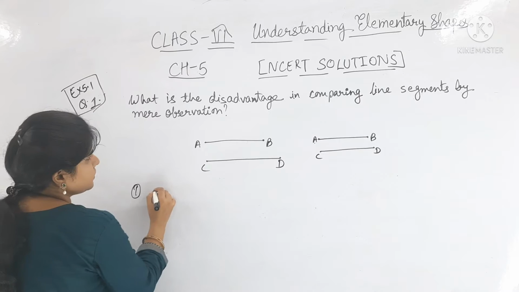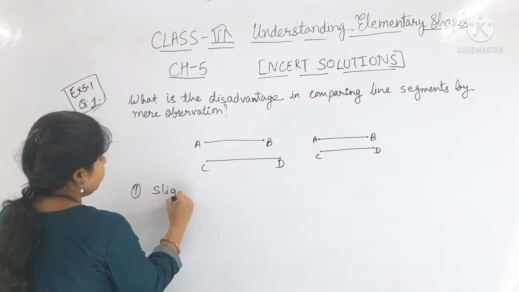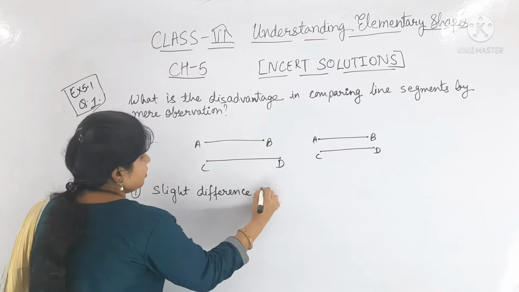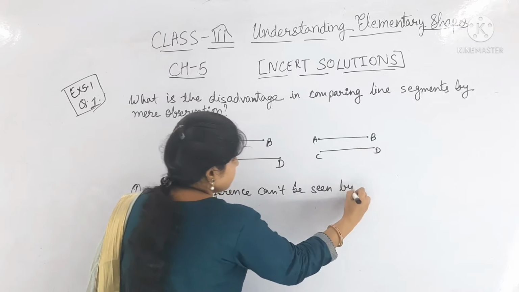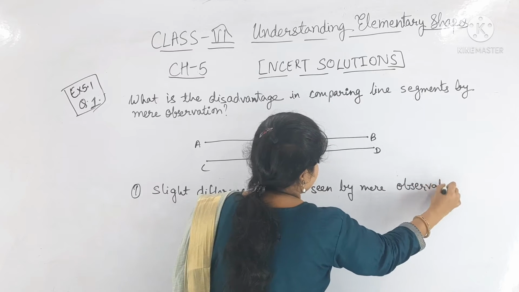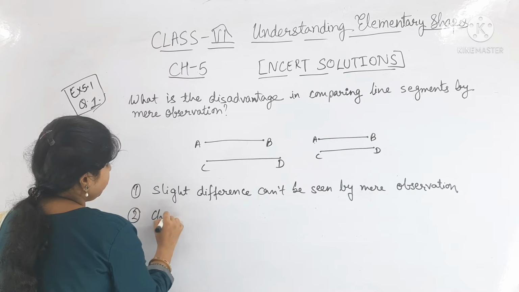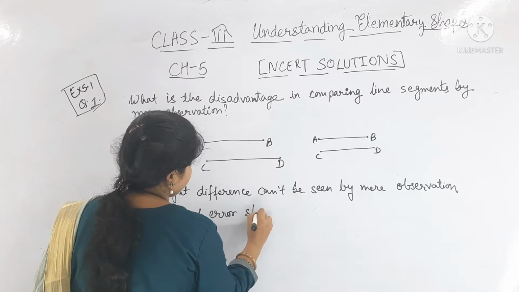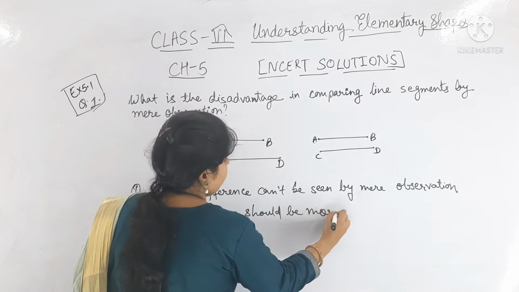So number one: a slight difference can't be seen by mere observation, so the chances of error are more.